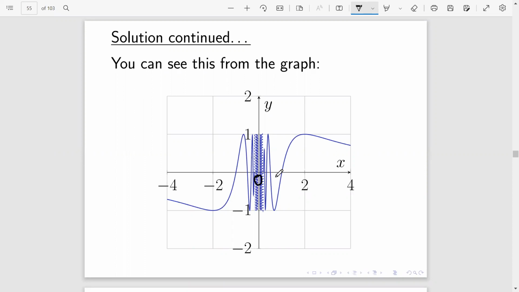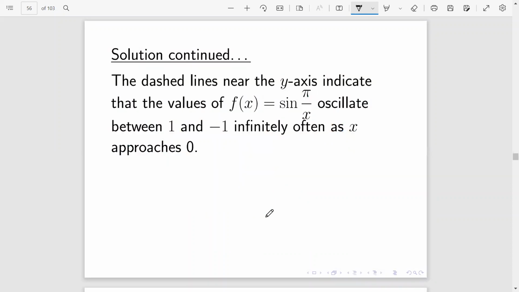But in this specific example, if you look at the x values approaching 0 from the left, the function keeps on going up and down between -1 and 1. And also if you look at the x values approaching 0 from the right, the function keeps oscillating between -1 and 1. So the function does not go to a specific value.